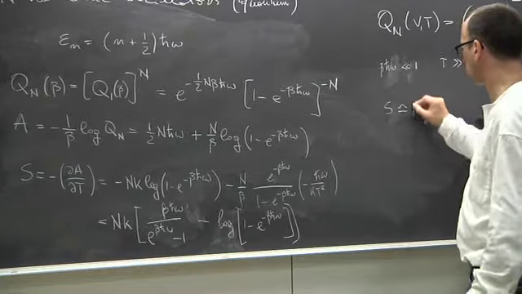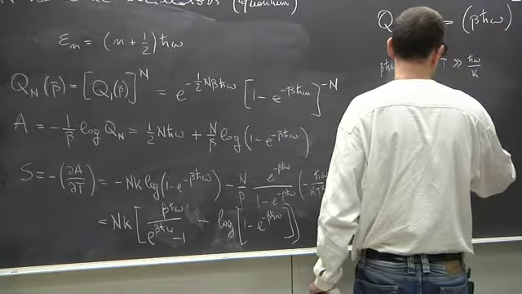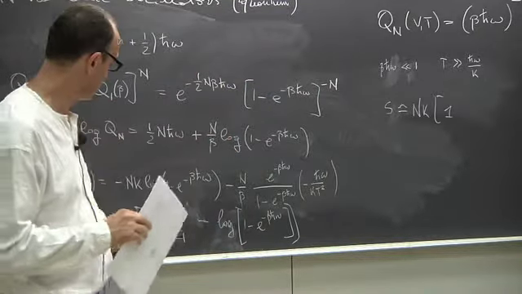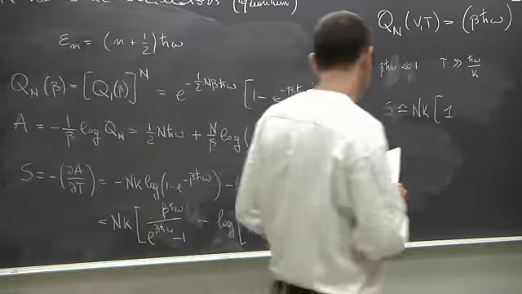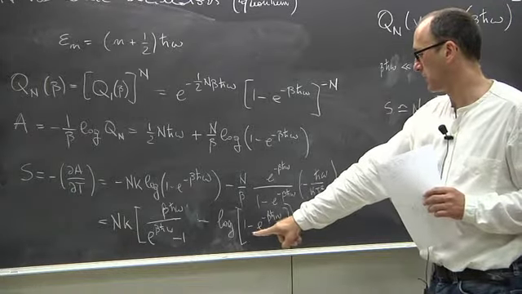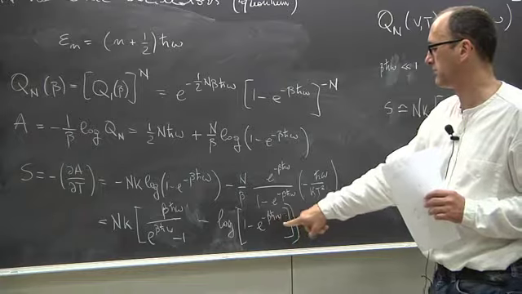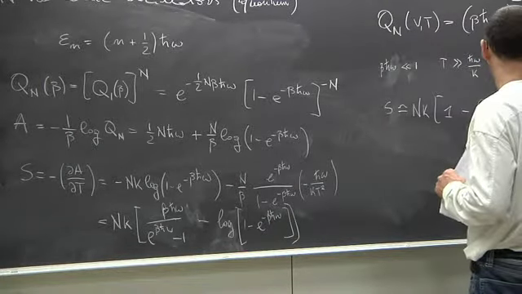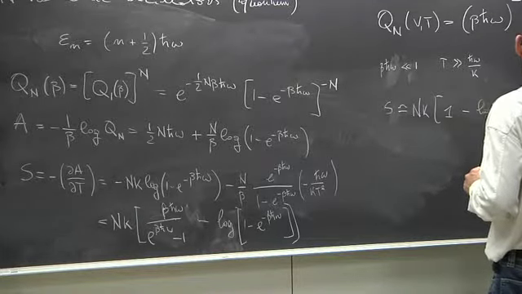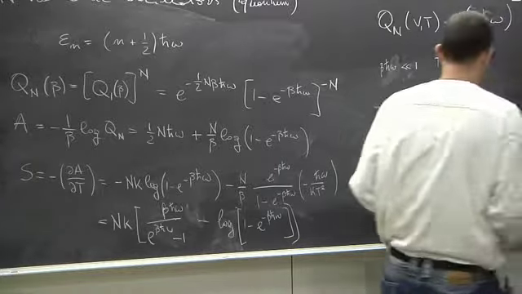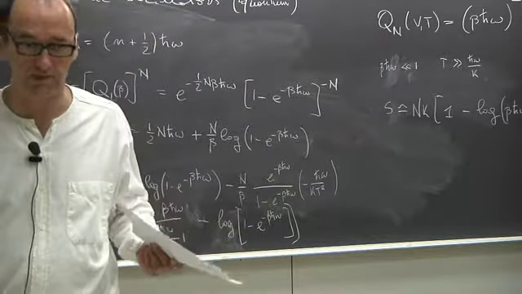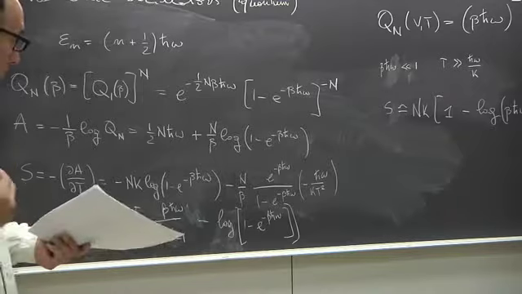So the first term will be essentially 1 plus orders of beta h bar omega, and then I have minus the log of beta h bar omega plus orders of beta h bar omega. So you see, this is precisely the classical formula which we have derived previously.